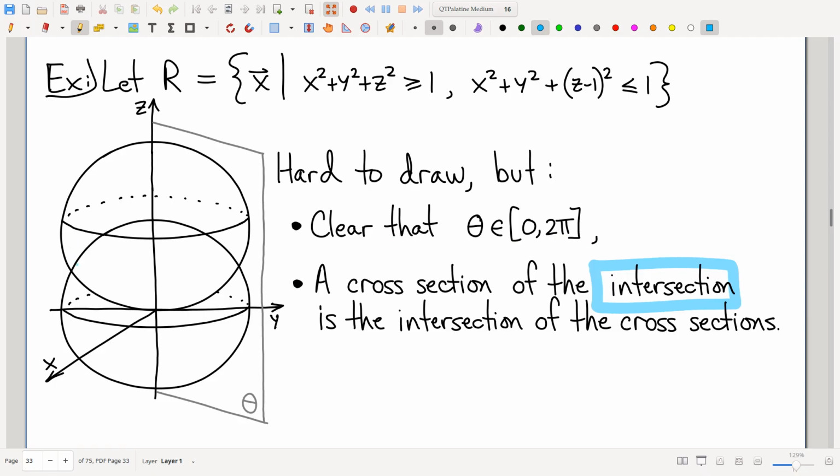This region, and I'm going to go ahead with my bad drawing of it here. Technically, it's not the intersection of these two balls. The intersection would be this thing here. But this is the intersection of, you might say, the inside of this sphere with the outside of that sphere.